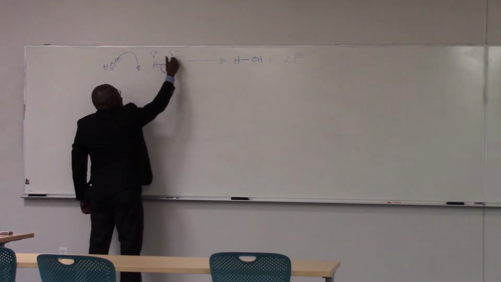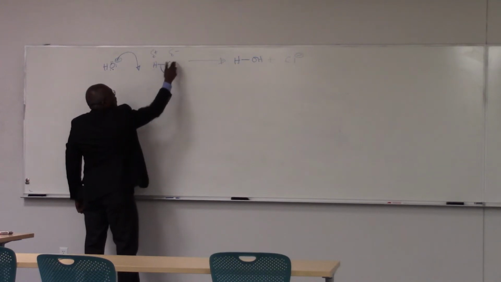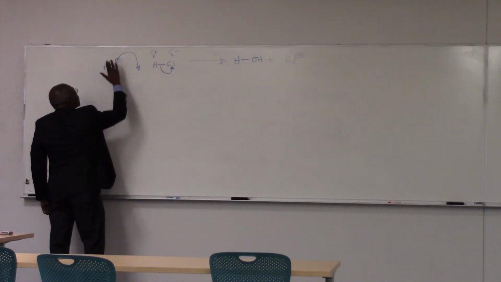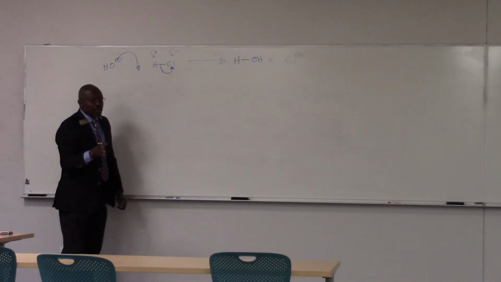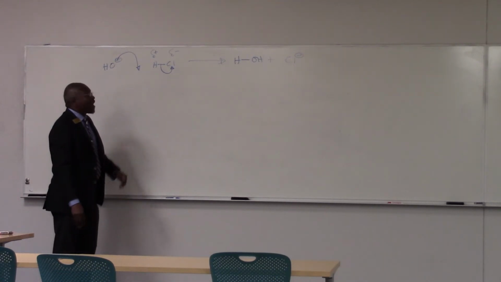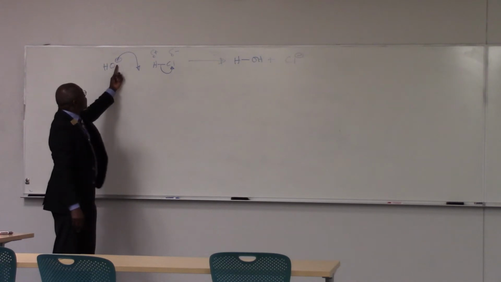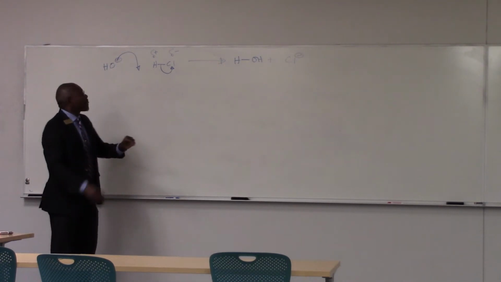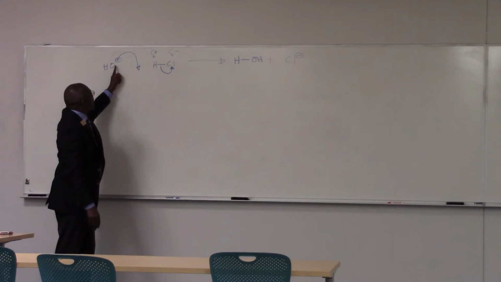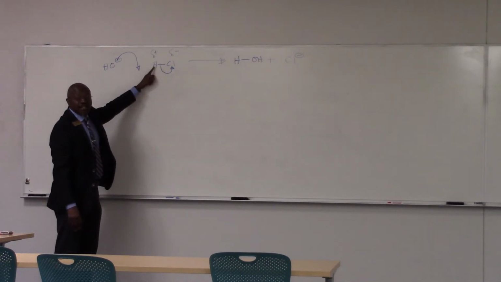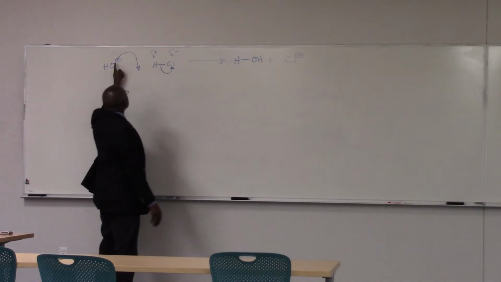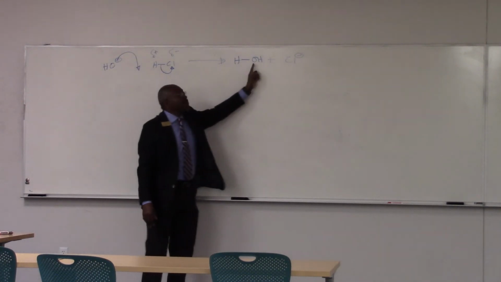Even if I don't put the lone pairs of electrons around this Cl, and even if I didn't put them around the O, and we talked about this very early on with Lewis structures, I know that if this O is negative, that means it's got a lone pair, it is giving 1 electron to that H in the formation of the OH bond. If I am negative and I'm losing an electron, I end up being neutral.